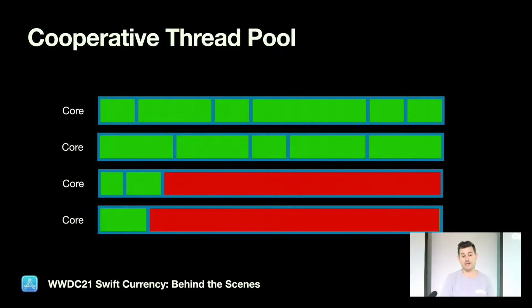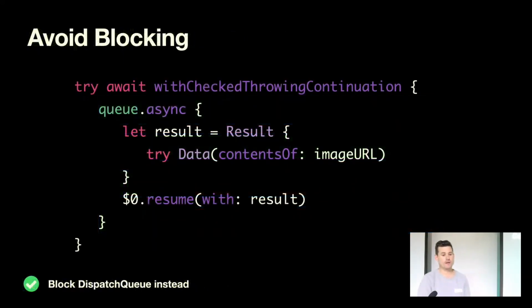So if you do make one of those blocking calls, you're actually blocking one of those really precious threads. And if you block them all, everything that you're running async in your app will grind to a complete halt. So the number one thing to remember is never block in an async method or a task. And if you have to block, then try and do that on a dispatch queue.